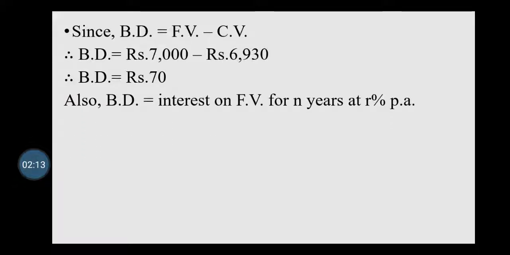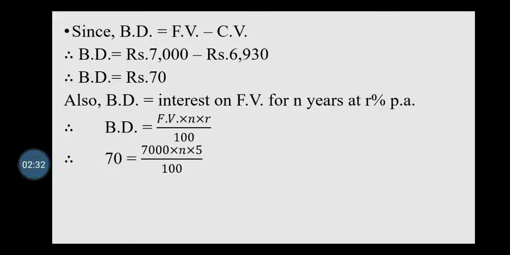We also know that banker's discount is equal to interest on face value for n years at r% per annum. So, banker's discount equal to face value into n into r upon 100. Therefore, as we know that banker's discount is 70, face value 7,000, r is 5.